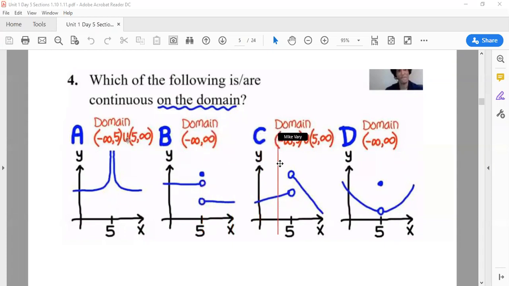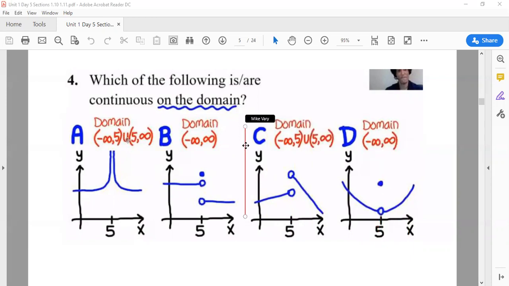And then this one, 5 is not in the domain, but this is not continuous. Well, technically, we could say it's continuous on its domain, but at these endpoints it's definitely not continuous, but 5 is not in question. So technically this is continuous on its domain, and this one is not continuous on its domain because 5 is there.